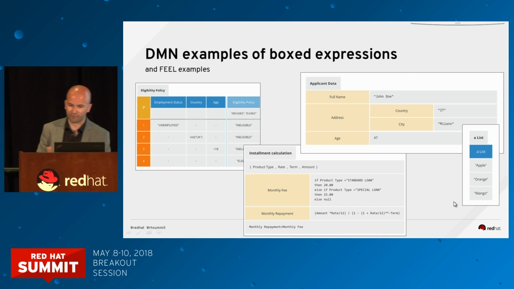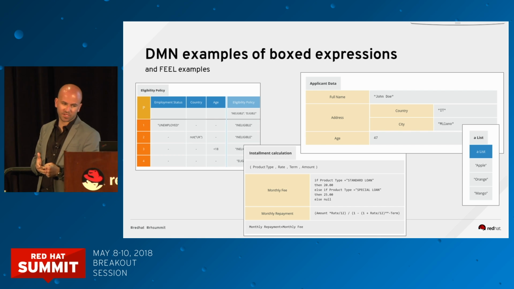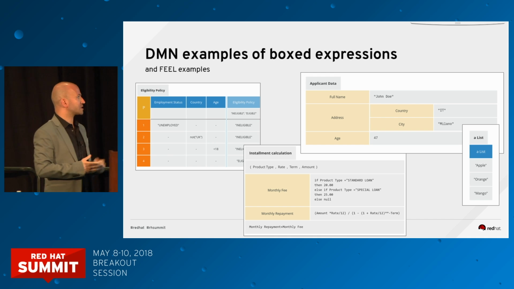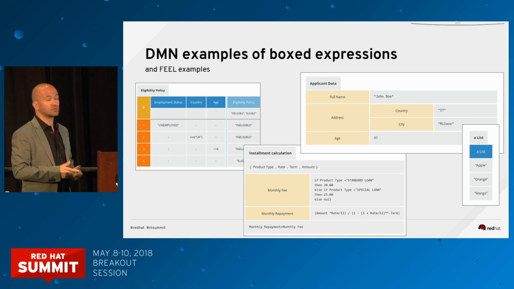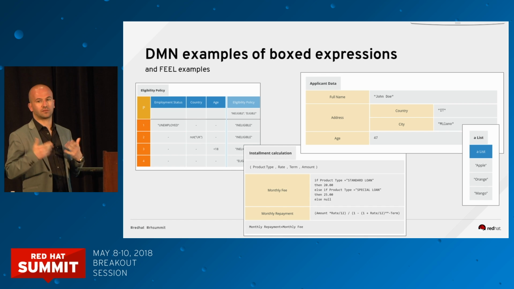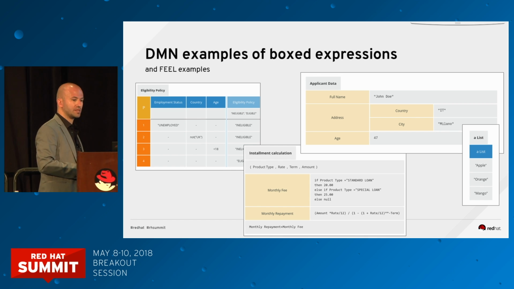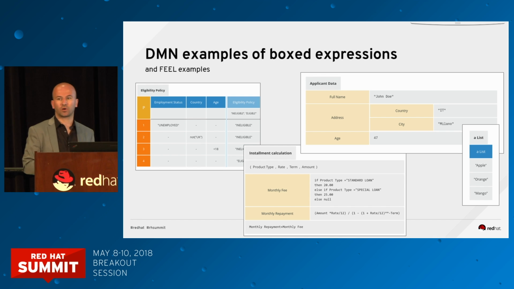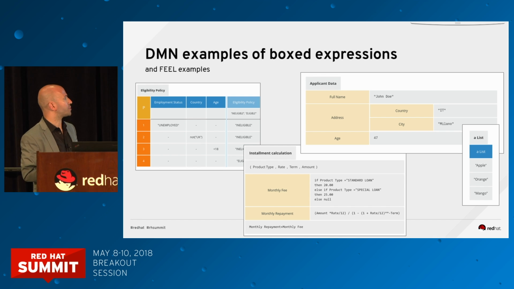I will show a few examples of this type of decision logic behind the DMN decisions that you can model. Starting from the left, we have the decision tables. DMN defines its own way of representing decision tables, but it is usually almost standardized in what is common across the decision management practice.